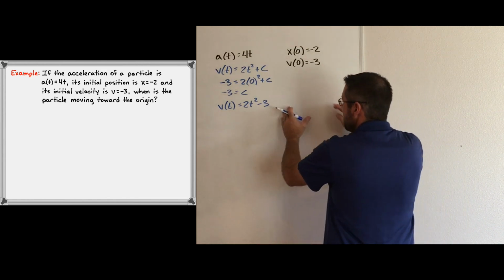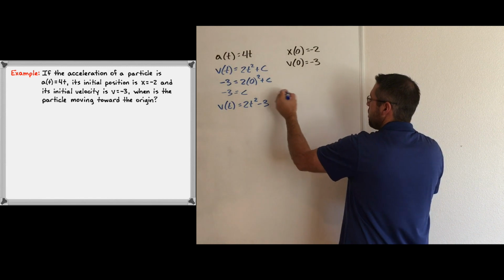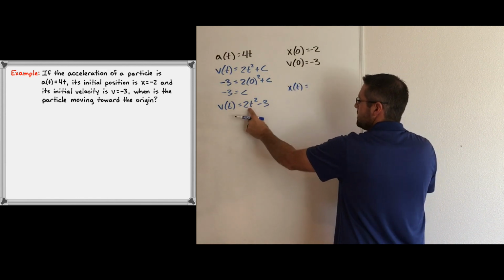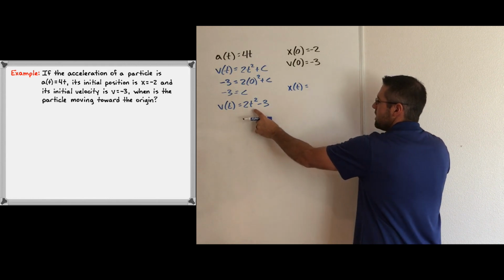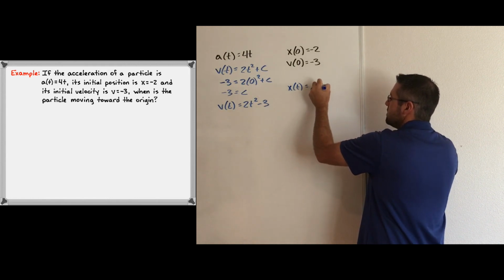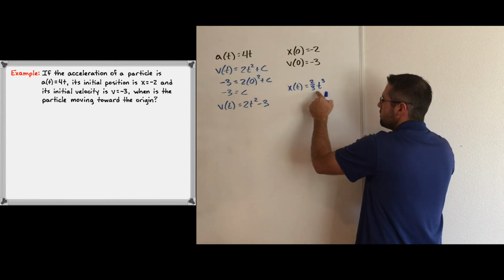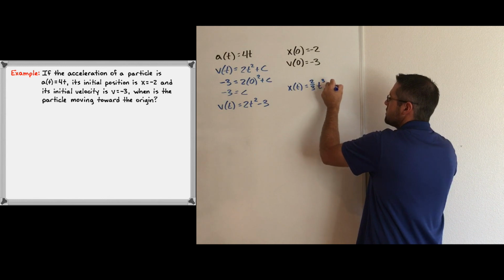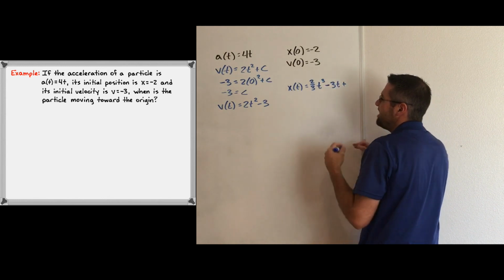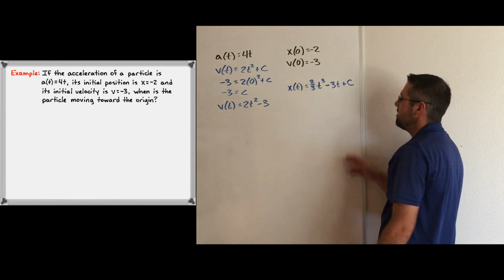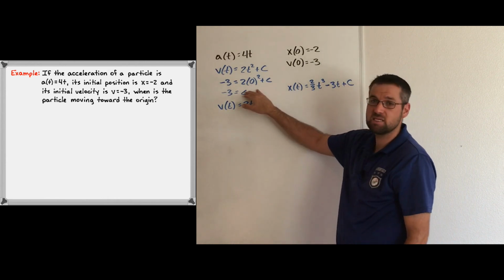Now, like I said before, we need to figure out our position function from this. I'm going to put that over here. The position function we'll call x of t. x of t is going to be the antiderivative of velocity. So the antiderivative of this is going to end up being t to the third, and then we take our coefficient and divide it by our new exponent. So it's 2/3 t to the third, minus 3t, and then plus another constant. So plus c. Again, this c value is not the same as this c value.